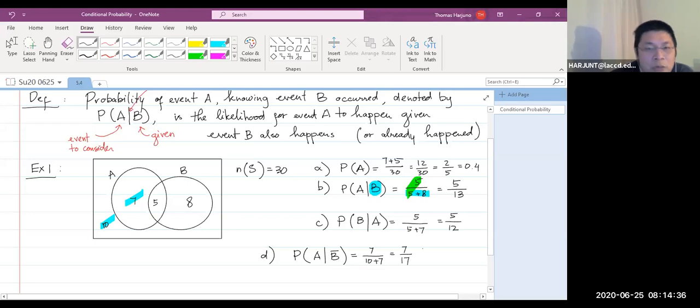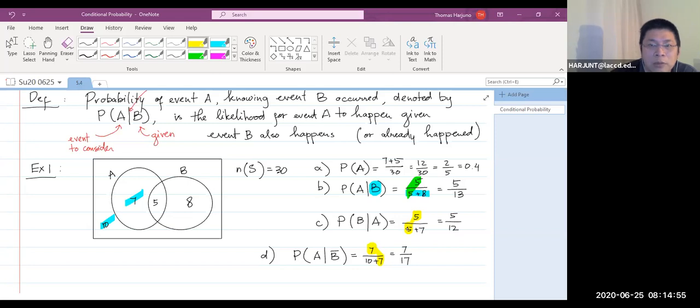Now you will see conditional probability has the following phenomenon: the number you have on the top will be one of the numbers you have at the bottom. Actually, if you think about it, that has been the case since the very beginning.